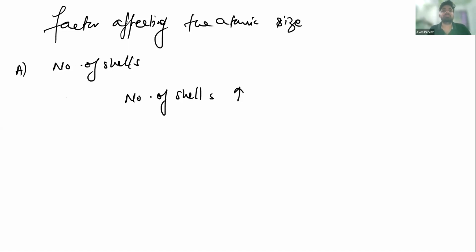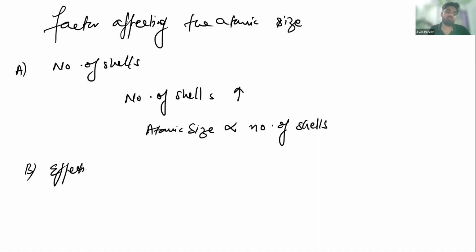The second point is that atomic size is directly proportional to the number of shells. Got it? The second factor is effective nuclear charge, that is called Z effective.